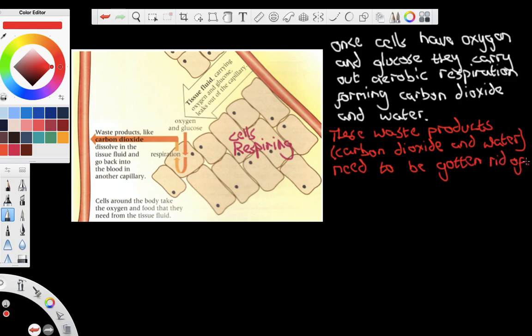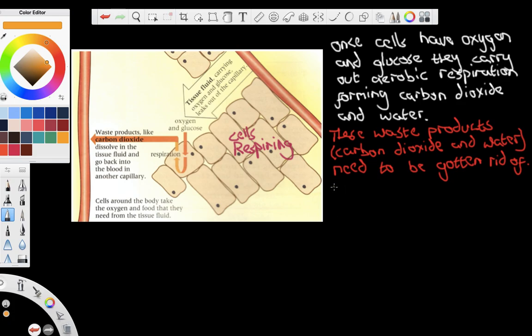Okay. Now essentially what happens is that the carbon dioxide and water dissolve back into the tissue fluid, move back into the capillaries, where they're taken to the lungs and the kidneys so you can get rid of them.